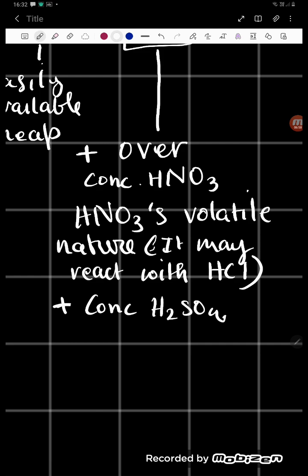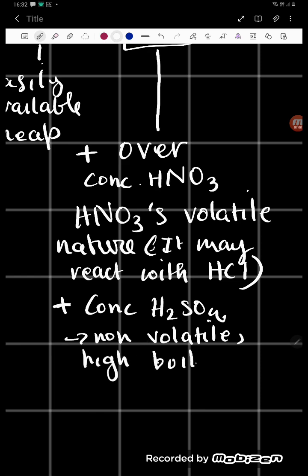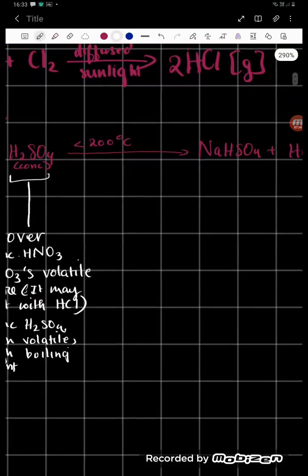As it is a non-volatile, high boiling point solution, and it has a high boiling point, it does not displace the volatile hydrogen chloride from the salt. That is one thing to remember.